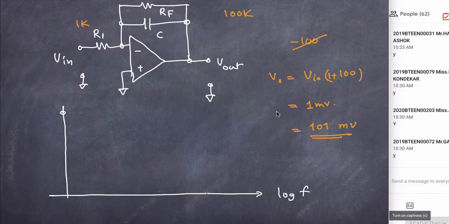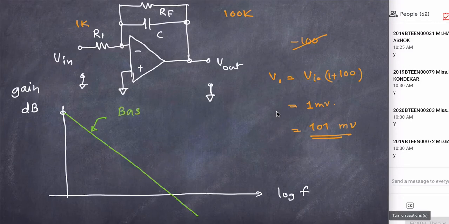let me draw the first graph, that is gain in dB, and this is the graph. This is the basic integrator, where RF is absent, no RF.